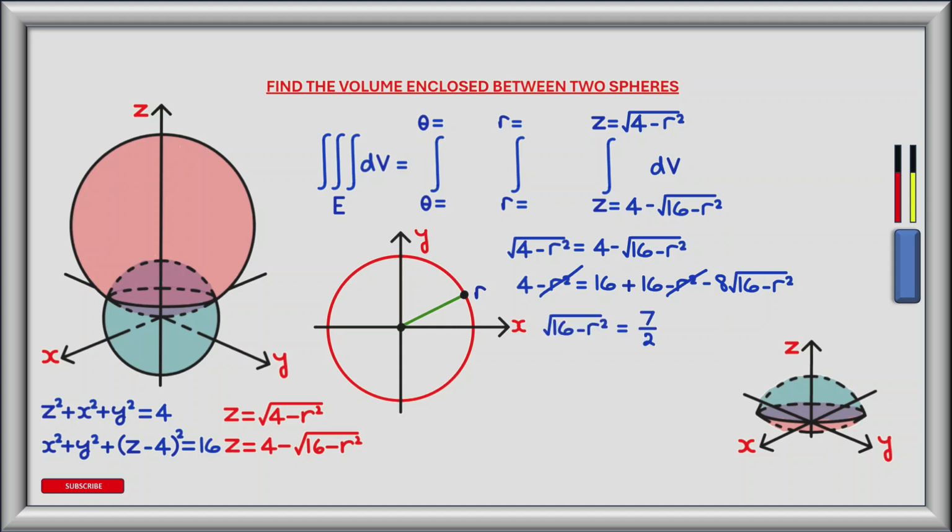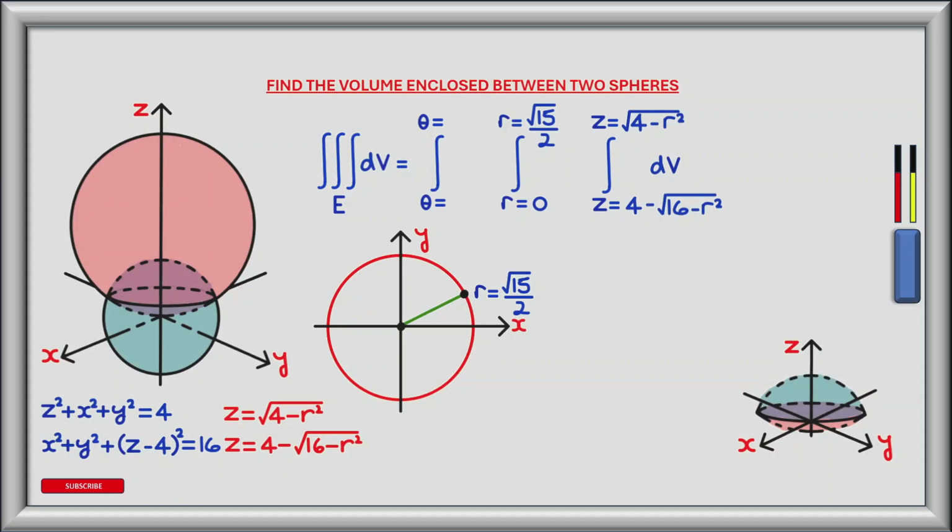Simplifying this further, we get the square root of 16 minus r squared is equal to 7 divided by 2. Squaring both sides of this equation gives 16 minus r squared is equal to 49 divided by 4. And solving for r, where we take the positive square root, we get r is equal to the square root of 15 divided by 2.